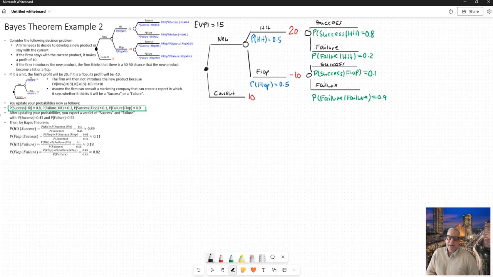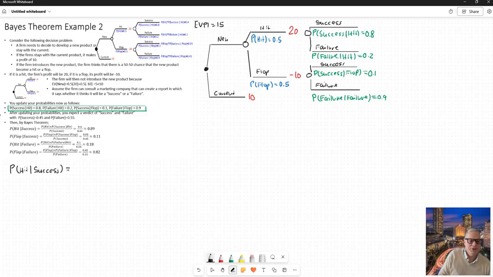But now that marketing company comes back and tells you, we think it is a success. So what now happens is that your probability that initially was 0.5 for a hit, given that the marketing company thinks it will be a success, it's probably going up.